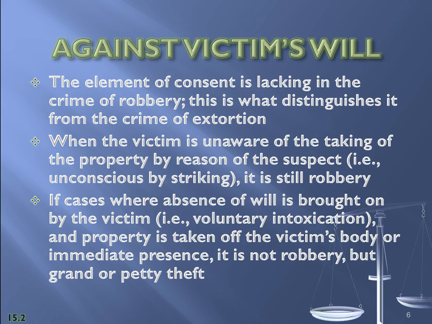And I know that sounds confusing, but we'll get back to that. Generally, in the crime of extortion, there is also the element of choice, but such is not the case in robbery. Okay, so the element of consent, again, is lacking in the crime of robbery, and that's what distinguishes robbery from extortion, and we'll compare those towards the end of the lecture.